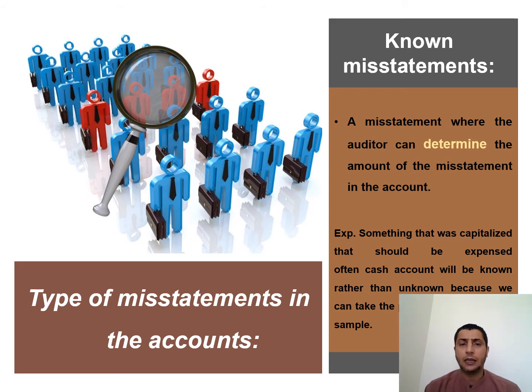For example, if there is a misstatement of capitalizing some expenses, which the auditor found should be recorded as expenses, but the management capitalized them, the auditor can easily and directly identify it through the cash account.